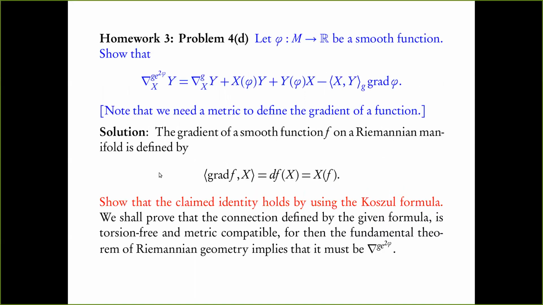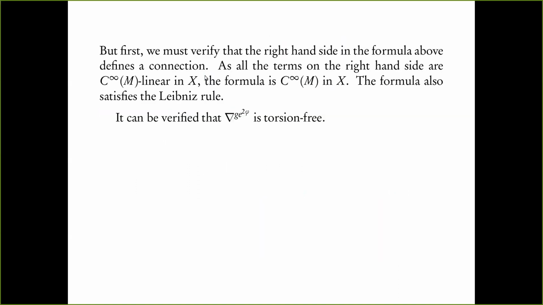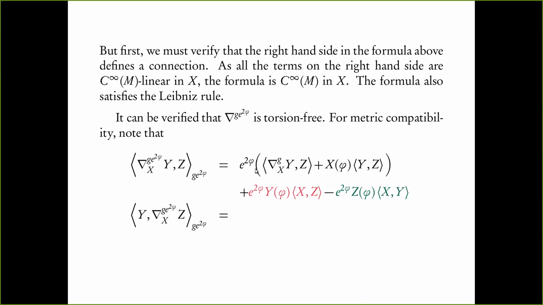You're given 4 terms. So I'm going to simply apply those 4 terms back here. Here you get e to the 2 phi, that is a scaling, times these 4 terms. So this is e to the 2 phi into the first 2, and e to the 2 phi into the last 2. And then your inner product with z, but these are inner products with respect to the metric g because we have pulled out the e to the 2 phi. Is the first line clear?